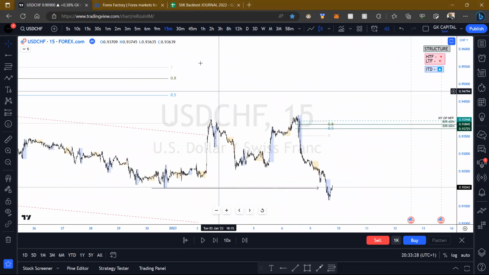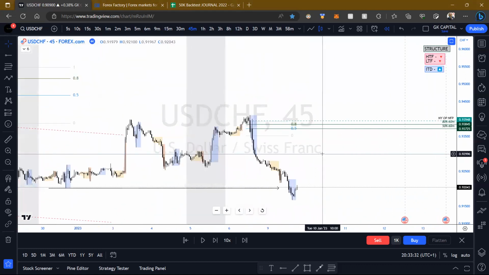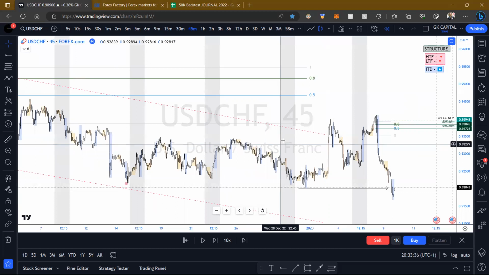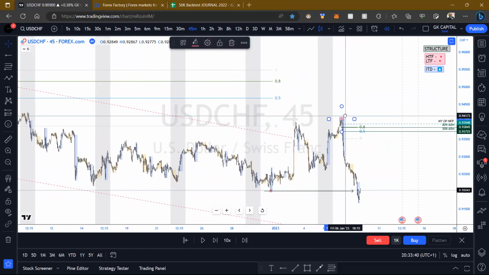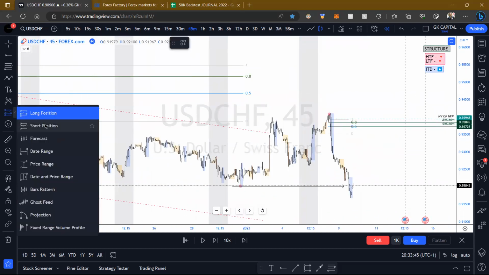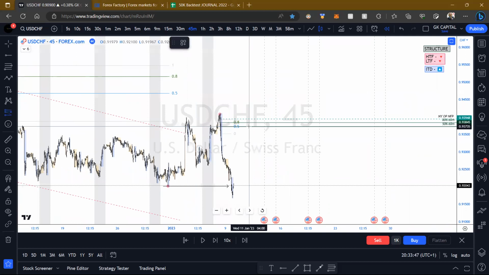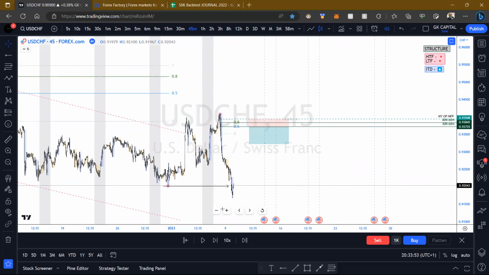Does anybody want to do anything else with this? Or are you happy to move on as well? Anything else that you guys would, if you were in my shoes right now, anything else you guys would do? Waiting for the pullback or continuation.